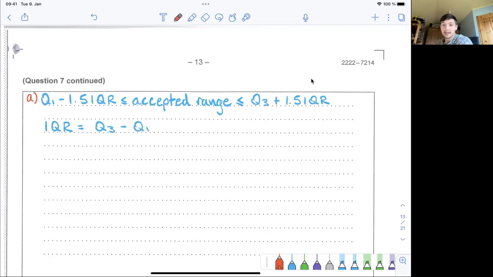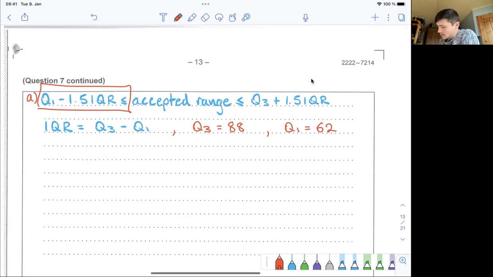Now we can go about answering our question. We'll write down our info here. We've got Q3 is equal to 88, and Q1 was equal to 62. Intuitively, we can assume that 25 is going to be close to the lower limit.